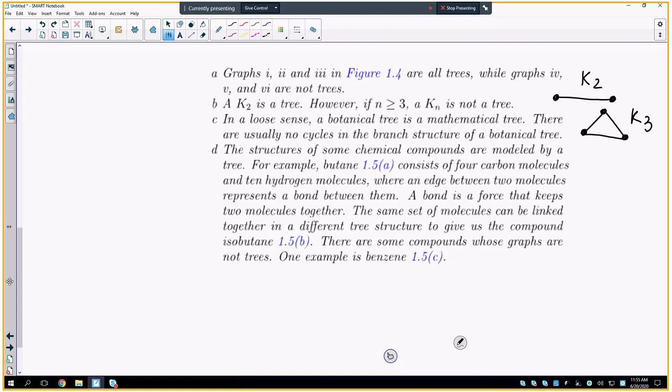For example, butane consists of 4 carbon molecules and 10 hydrogen molecules, where an edge between 2 molecules represents the bond between them. A bond is a force that keeps the molecules together. The same set of molecules can be linked together in a different tree structure to give us the compound isobutane. There are some compounds whose graphs are not trees. So let's see those examples in our next slide.